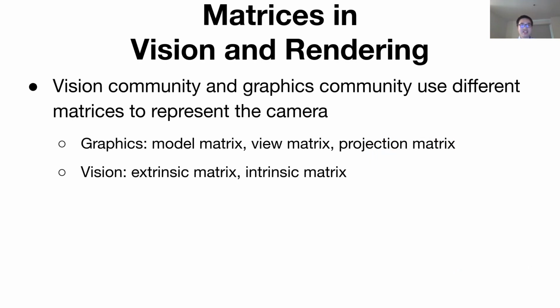To talk about that, we need to understand the matrices in the vision and rendering conventions. The vision community and graphics community use different matrices to represent the camera. For example, in graphics, we will use the model matrix, view matrix, and projection matrix. While for vision, we will use the extrinsic matrix and intrinsic matrix. So next, let's see their connections and differences.